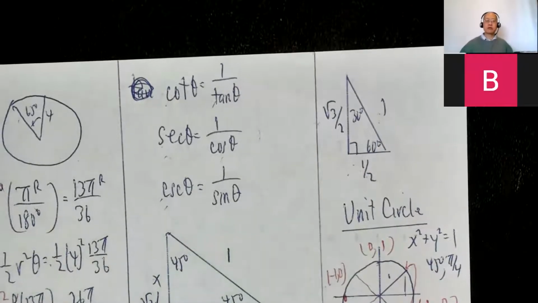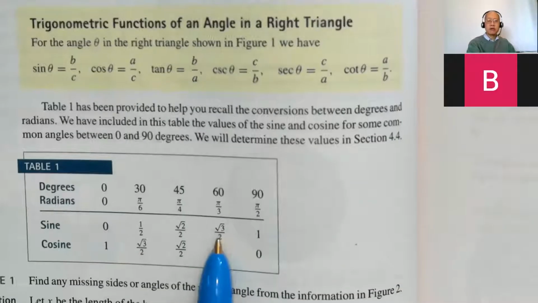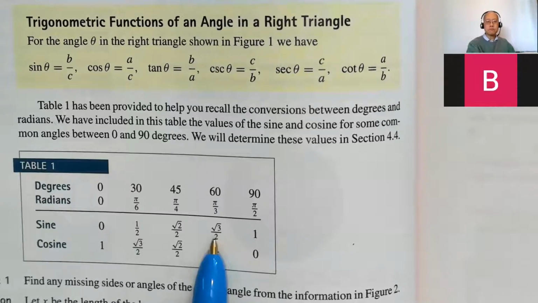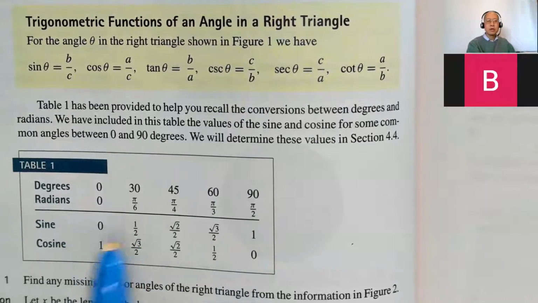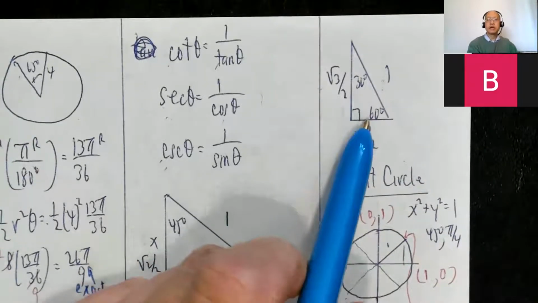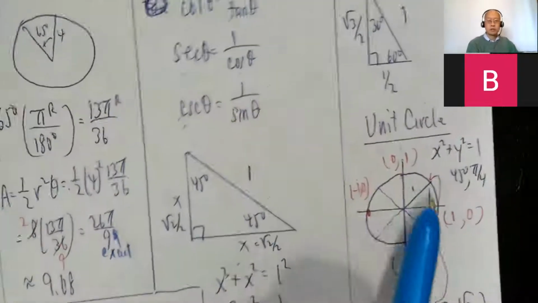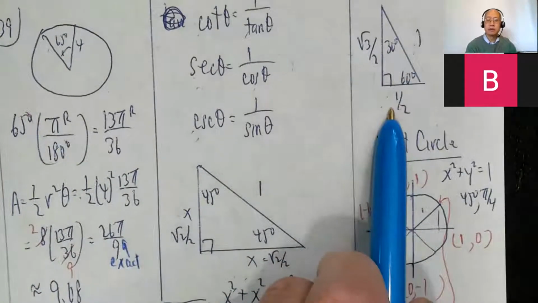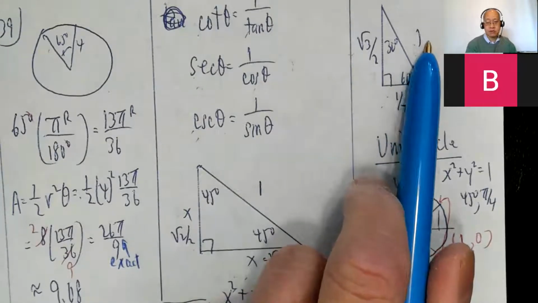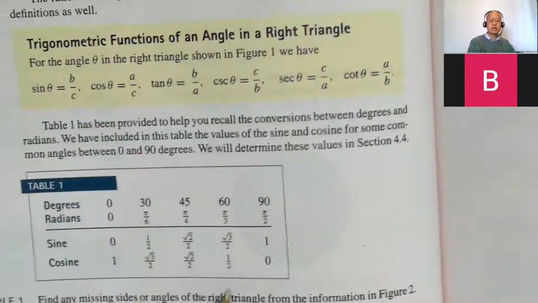Well, if I divide by 1, it's still radical 3/2. 60 degrees sine, radical 3/2. Cosine of 60 degrees looks like a half. Let's see why. Cosine of 60 degrees. Cosine is adjacent over the hypotenuse. So adjacent is a half, divided by the hypotenuse, which is 1, well, stays a half. So that's how come cosine of 60 degrees is a half.